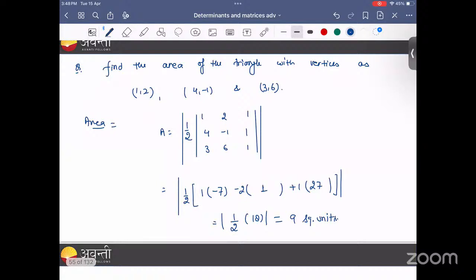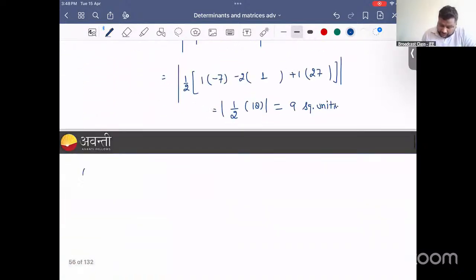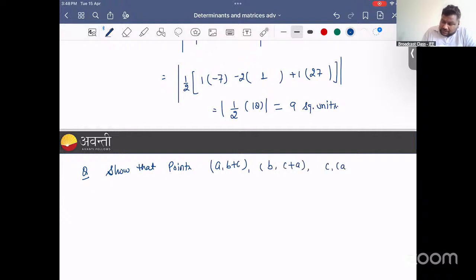Yes, sir. Write down another question. Show that points (A, B plus C), (B, C plus A), and (C, A plus B) are collinear.